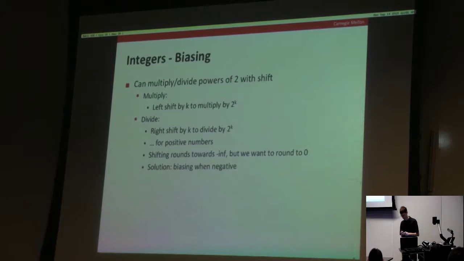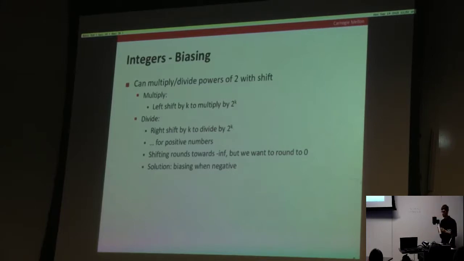So why does this work? If we have a number in binary, what does it represent? We've got some number. This is the bit that's 2 to the 0. This is the bit that's 2 to the 1, 2 to the 2, 2 to the 3, 2 to the 4, 2 to the 5, 2 to the 6, and so on.